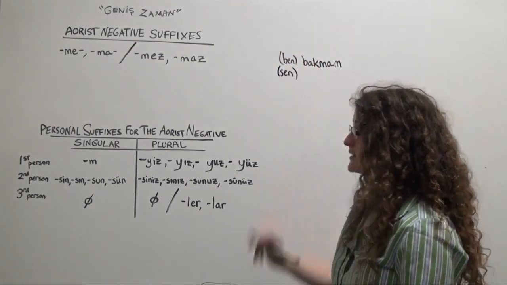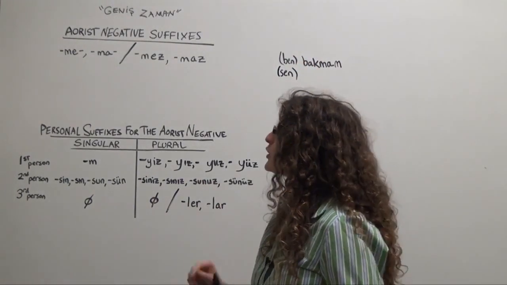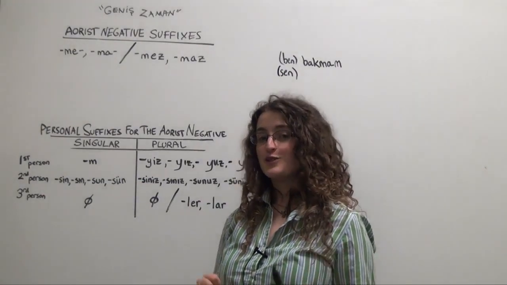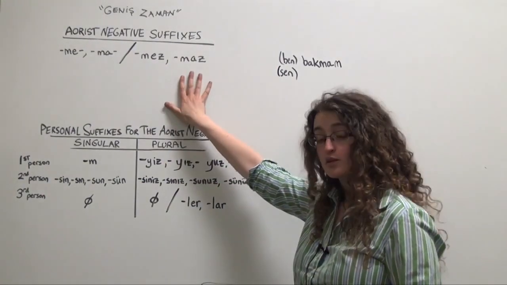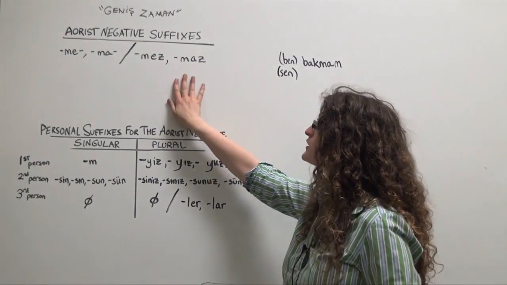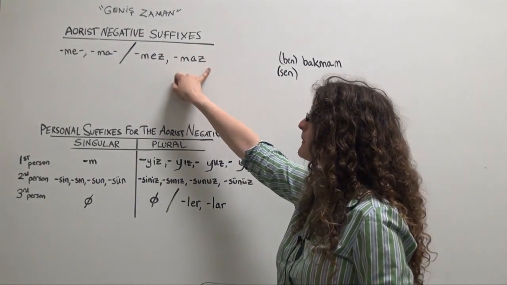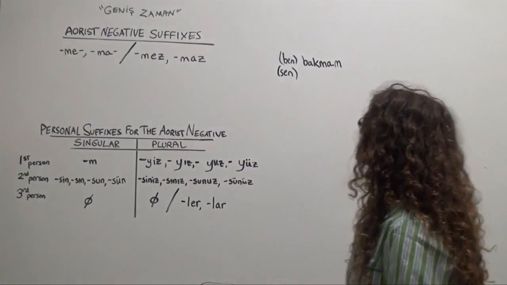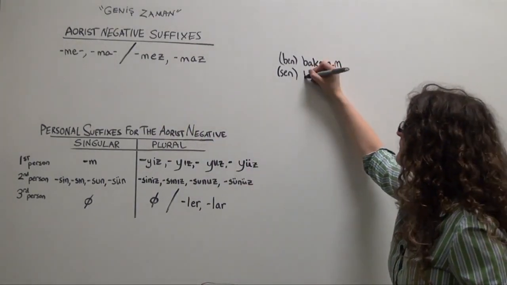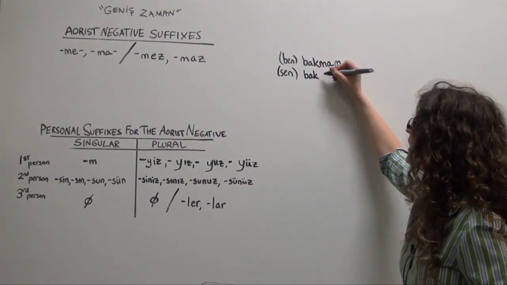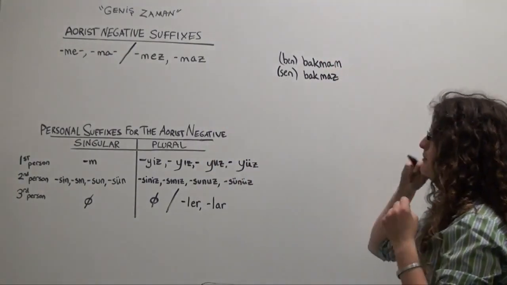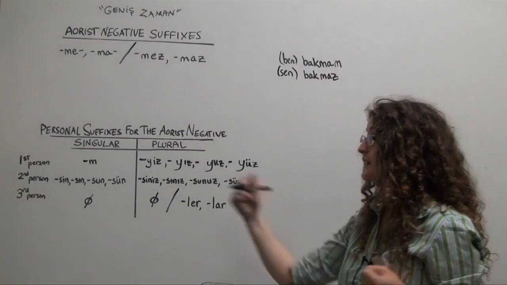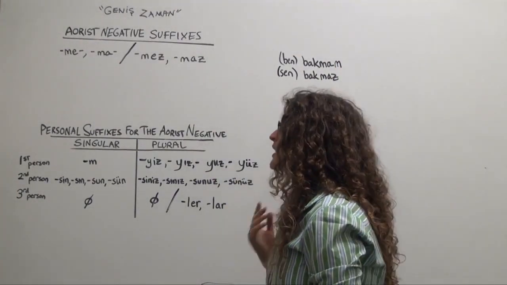Moving on to sen in the second person, we're going to get to use our nifty new aorist negative suffix according to the rules of two-way vowel harmony. So we will either choose mez or maz. Sen, bak, there's our verb stem, maz, two-way vowel harmony. Sen, bak, maz, and we still need to add the appropriate personal suffix.